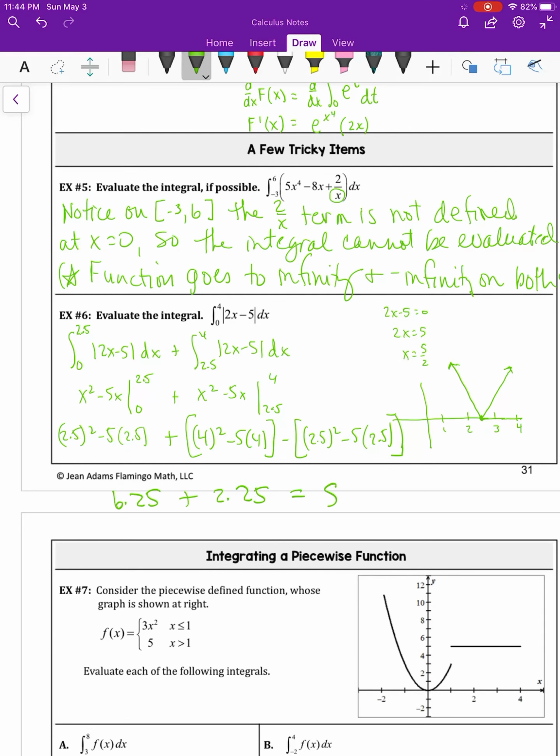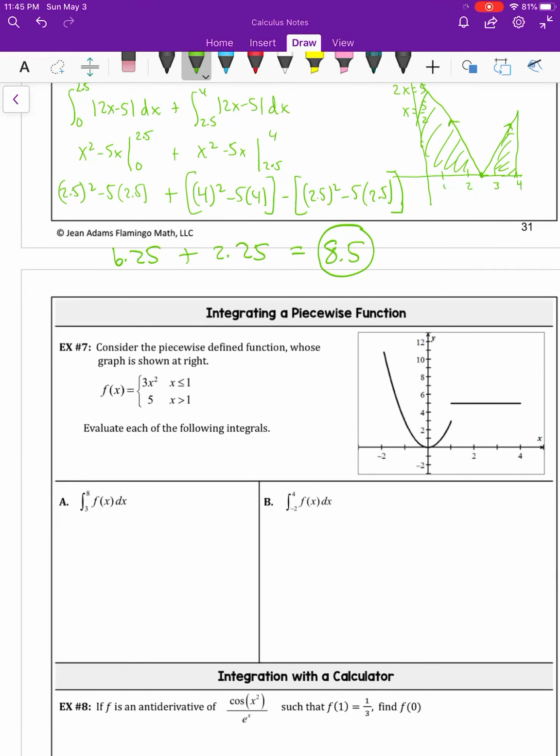So after putting this in your calculator, I think you guys can see that you get 6.25 plus, and then this one would end up giving you 2.25. So you would get a final, because this one would have been basically that area plus that area. And I don't know if my graph is completely right, but it'll look something like that. And 8.5 should be what you get. Okay, so integrating a piecewise function.